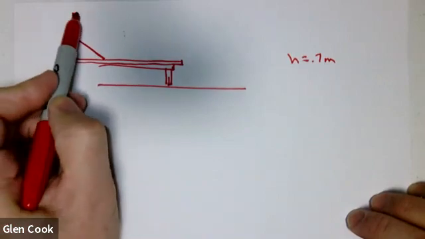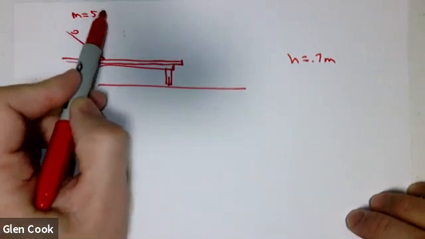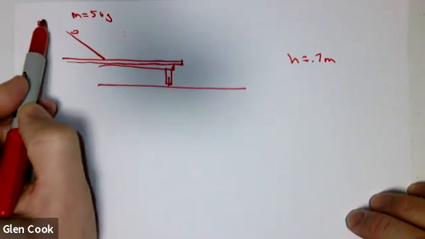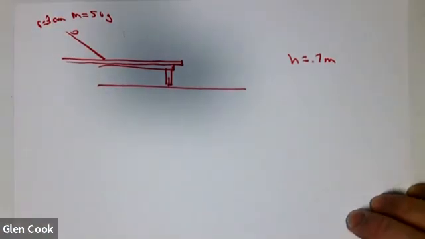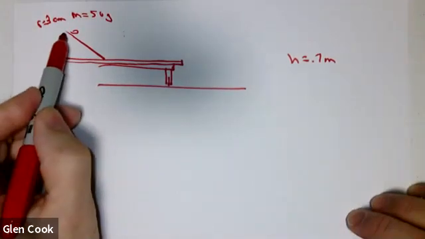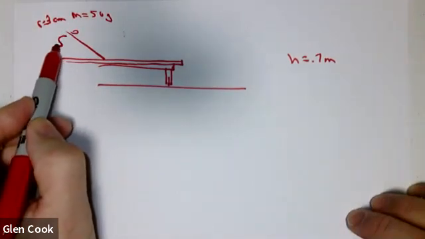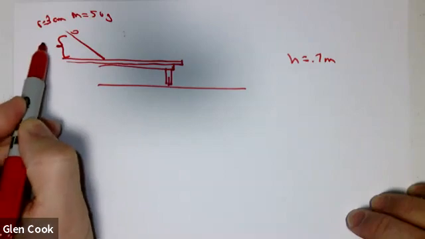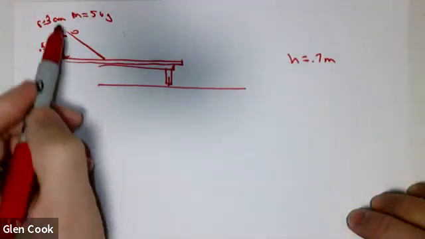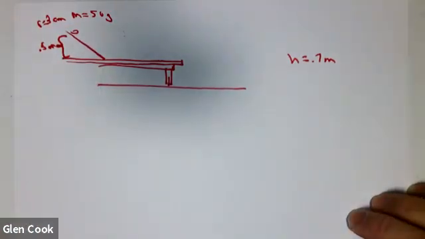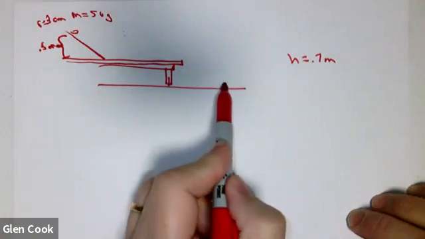Let's say the mass of the ball is 50 grams, and the radius of the ball is 3 centimeters. If we drop it from a height of 0.5 meters, and it rolls down this ramp, where will the ball land?